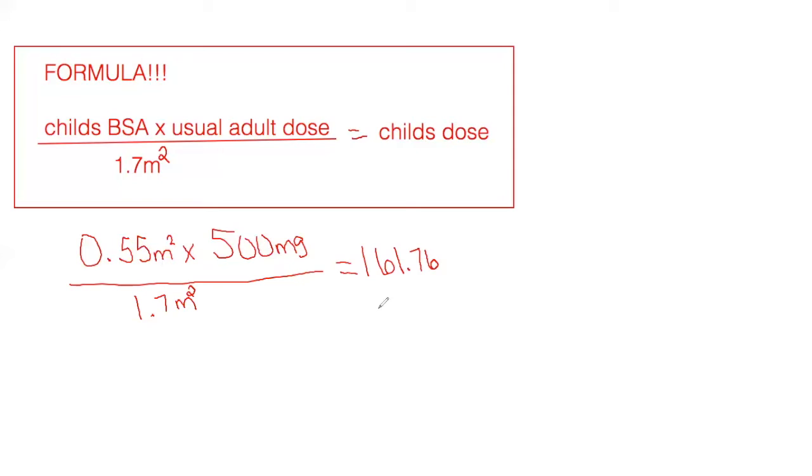Now we have to do a second step to this. So our first step was finding out the BSA conversion. And then our second step is going to be to find out the child's actual dose. And we're going to do that by doing our dose over hand. If you remember in one of the first slides that we created, we talked about dose over hand.